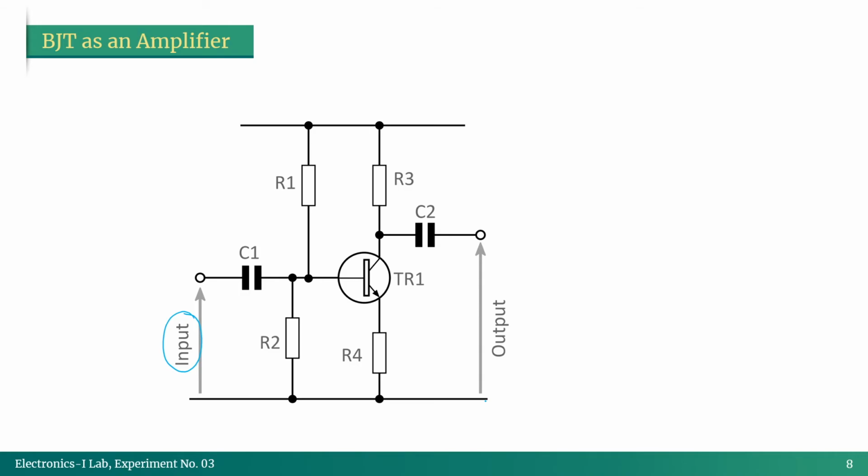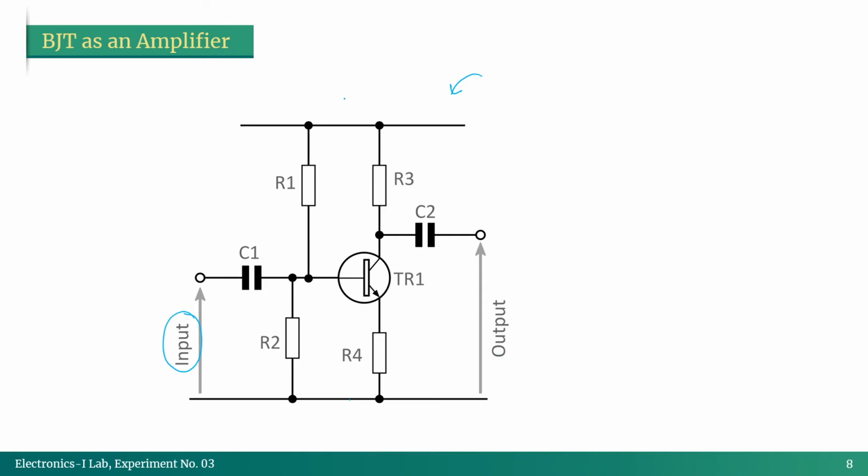And this kind of amplifier circuit is called a common emitter amplifier, because you see this portion here, this is the emitter junction, right? This emitter terminal is actually common to both our input and output, that's why it's called common emitter.